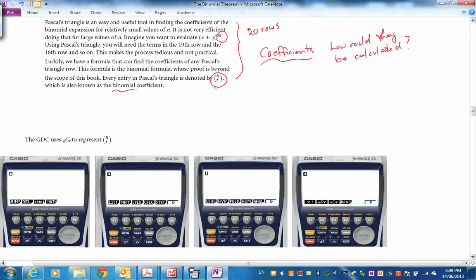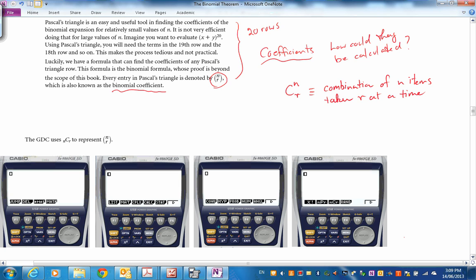They're calling this a binomial coefficient, but actually its mathematical roots are broader than that. It's actually called nCr, which is equivalent to the combination of n items taken r at a time.